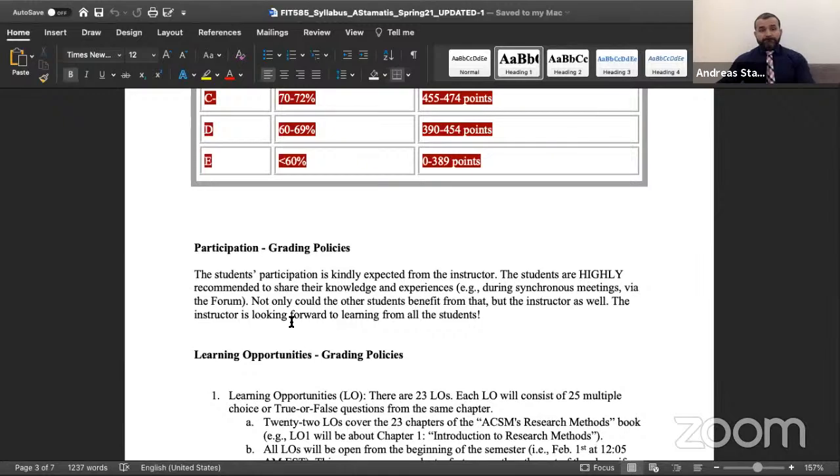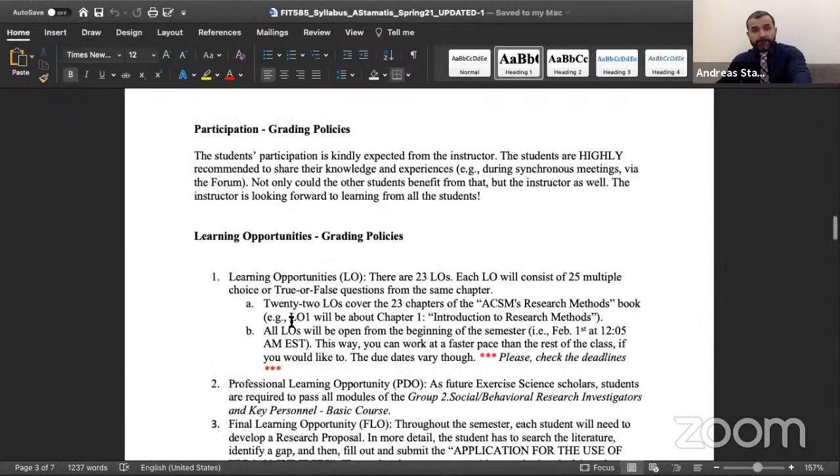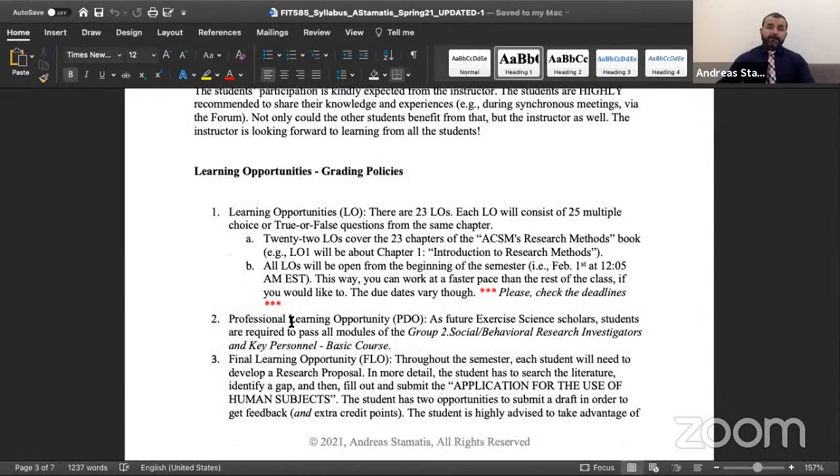All right, so the learning opportunities. As you can see here, we have 23 LOs, and each consists of 25 multiple choice or true or false questions from the same chapter, okay? Now, I give you an example. LO1 is about chapter 1, which is the one that I'm going to cover today, Introduction to research methods. All of them are open.